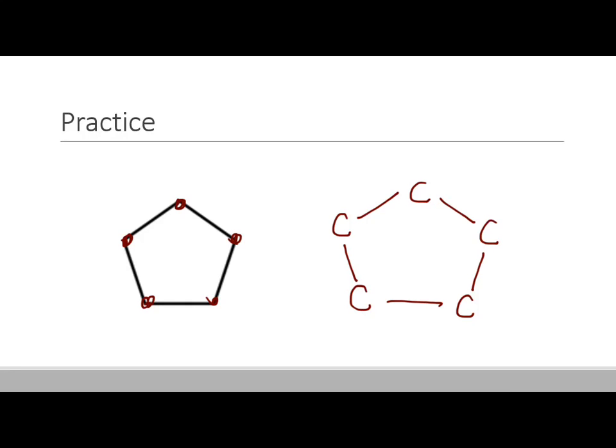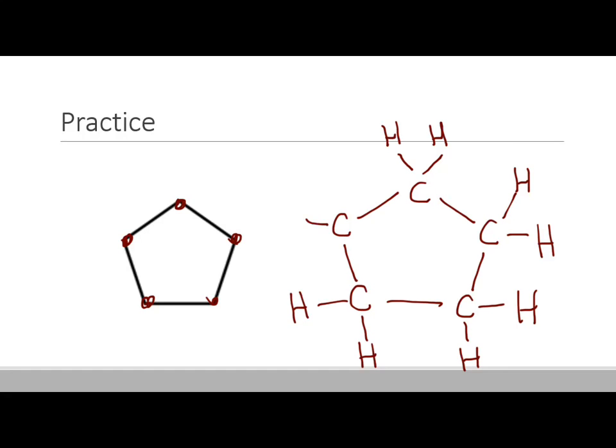And then it implies that I have enough hydrogens to give each carbon exactly 4 bonds. So notice I've given it 1, 2, 3, 4 bonds. Erase those because it makes it look like double bonds, which means that this carbon also must have 2 implied hydrogens attached, 2 over here as well, 2 over here, and 2 over here, because that way each and every carbon has exactly 4 bonds, which is what it needs to be a nice stable molecule.